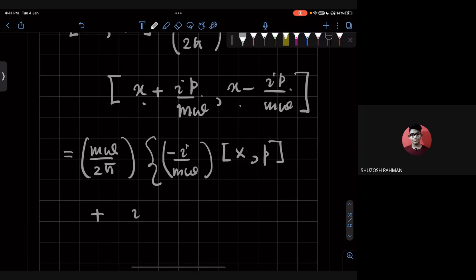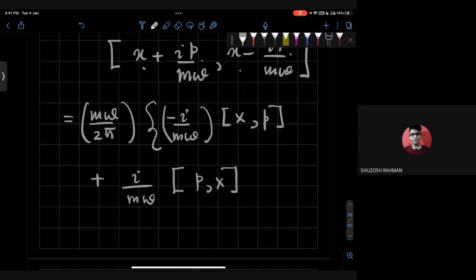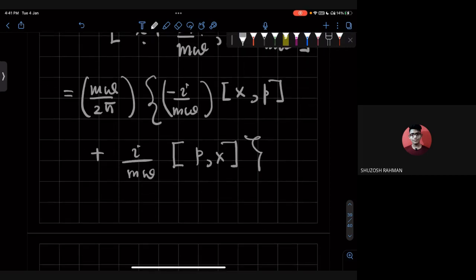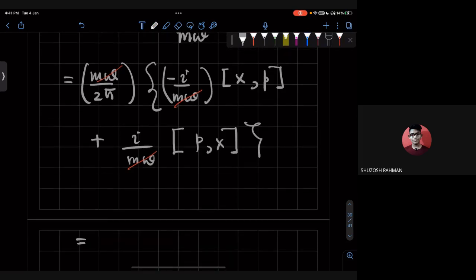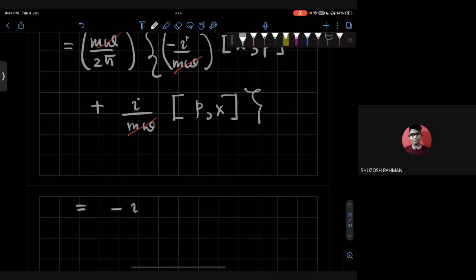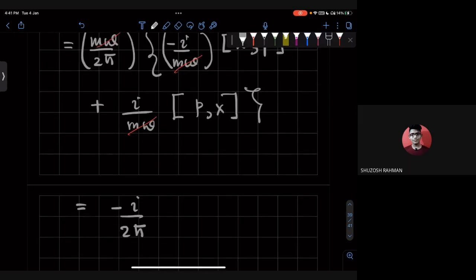And then we have i by m omega, commutator of p of x. Okay, so here we see that m omega will cancel. And then from the first one, we have minus i by 2 h bar, x and p is going to give us h bar i.